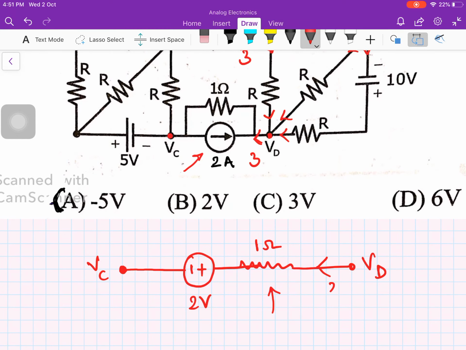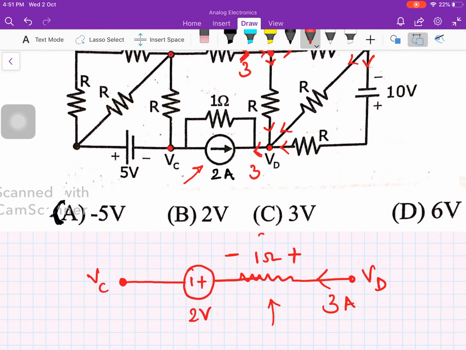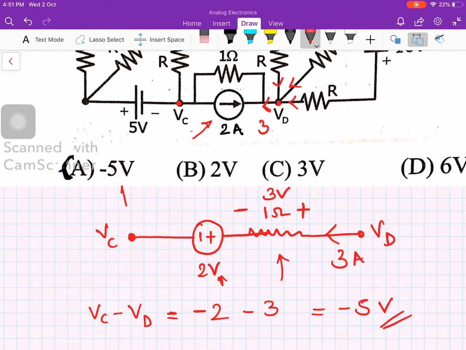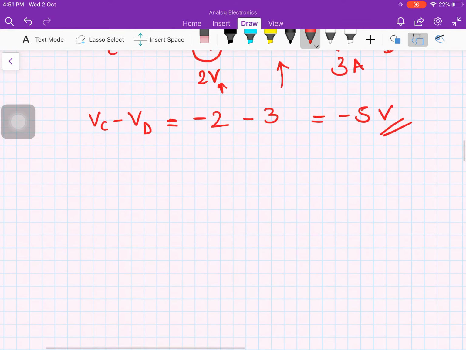So 3 amps is flowing in this direction, so here you'll get plus, here you'll get minus, so 3 into 1 will get 3 volts. So this is nothing but minus 2 volts here, then minus 3 volts here, that is minus 5 volts. So that's the answer, minus 5 volts.